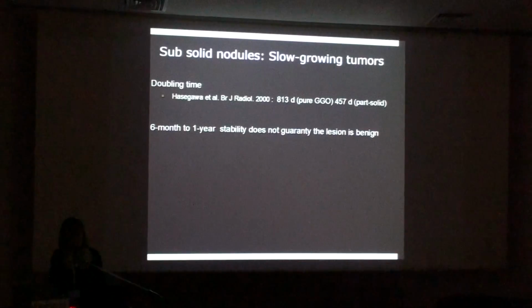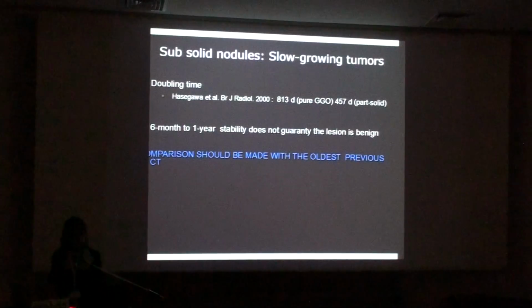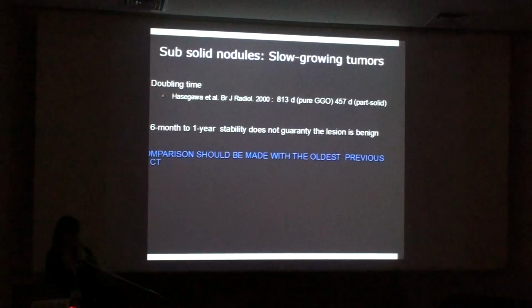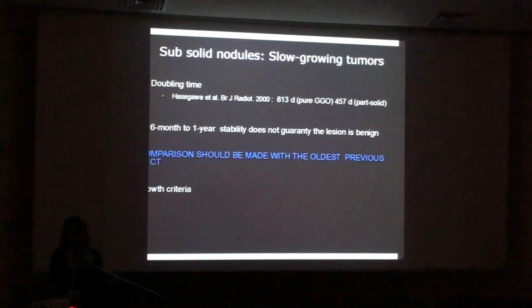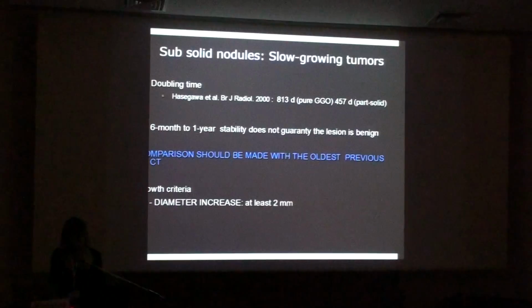So if we have this in mind, you will agree that a 6 months or even a 1 year stability does not guarantee the lesion is benign, and it's very important to always compare on 2 follow-up CTs with the oldest previous CT that we can analyze. And what about the growth criteria?